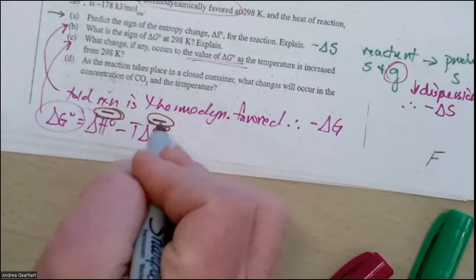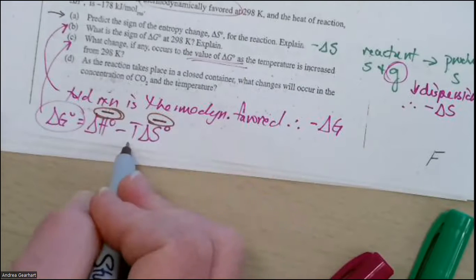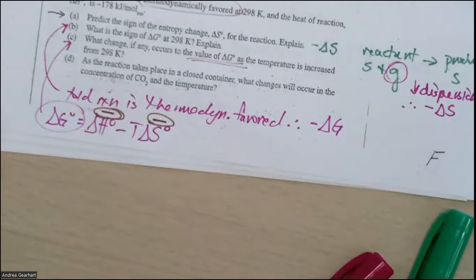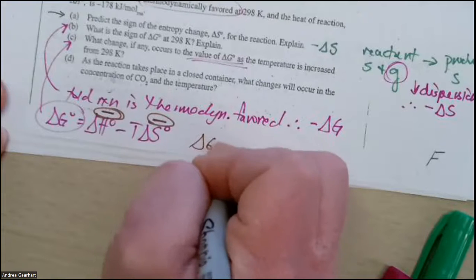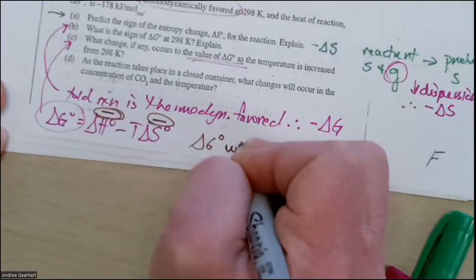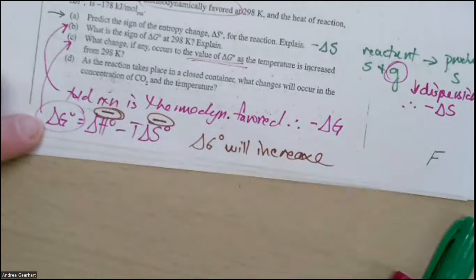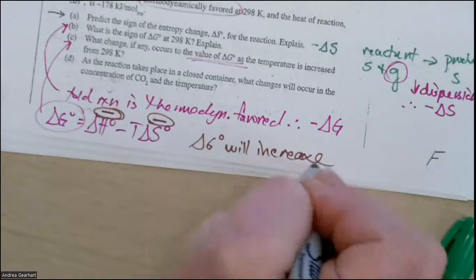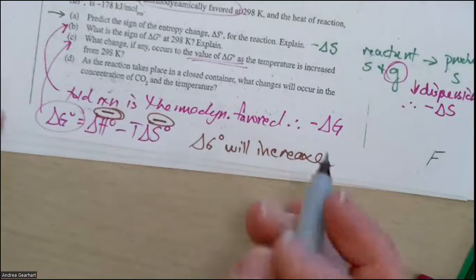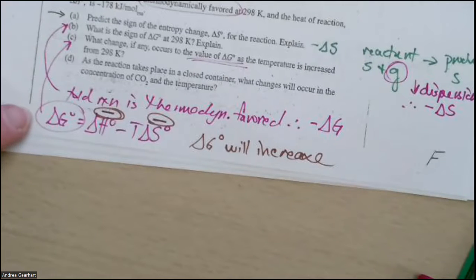So this will become a positive term then. So as we increase temperature, the value of delta G will increase. Right? It's going to move towards 0. And that means right on the number line. So we can say that, or move towards 0.